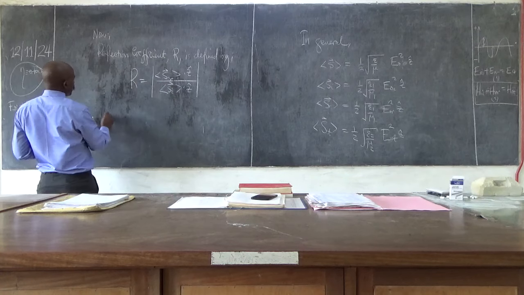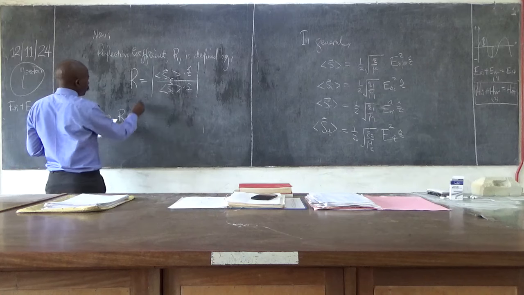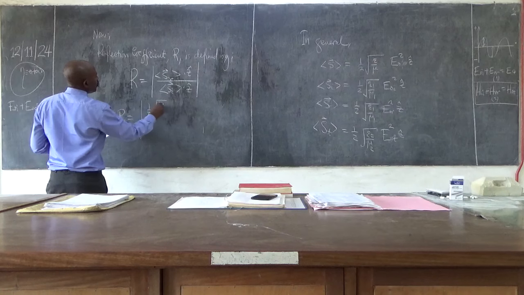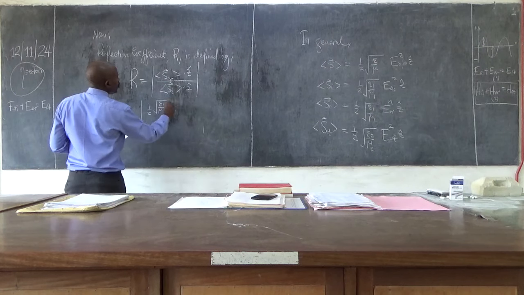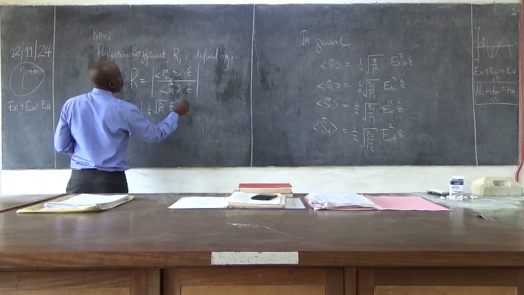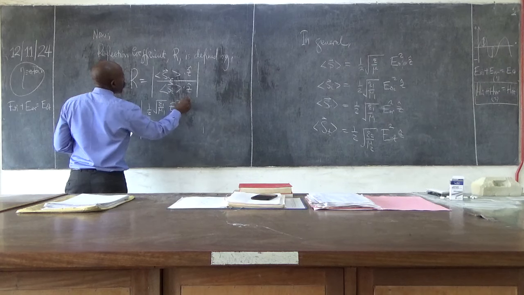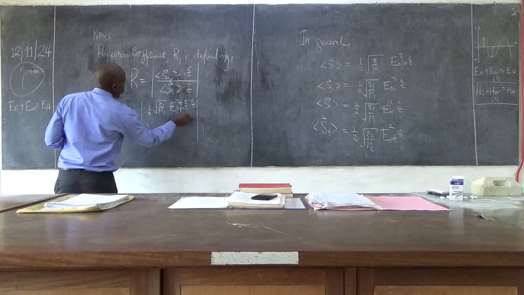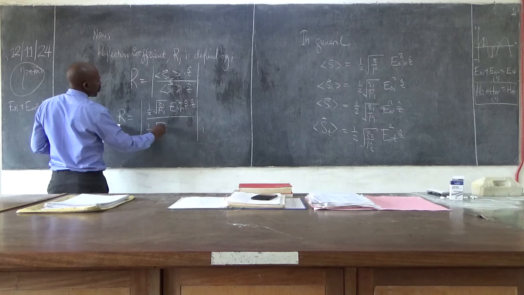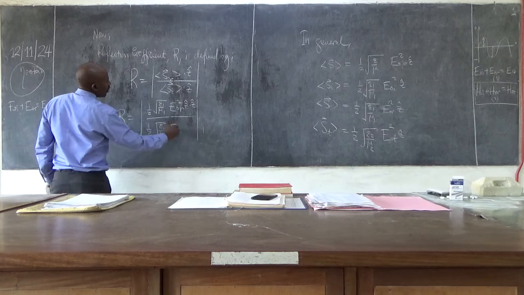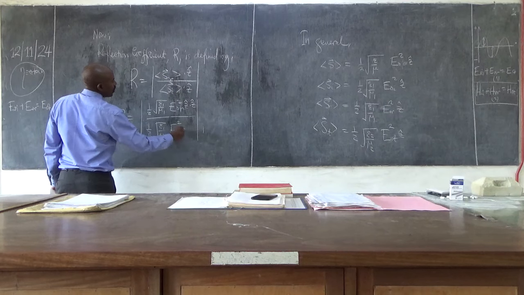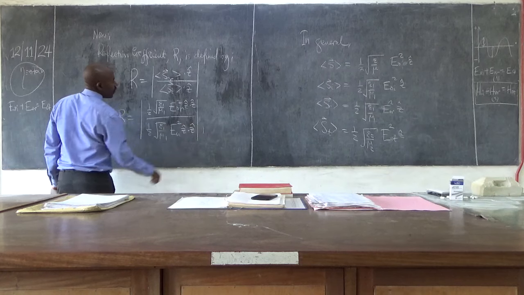So this would be the same as R being equal to, we say this is a half, it is reflected, it is medium 1, and then the amplitude is E naught R squared, and it is along the z, and we dot with the z, and then we divide by a half root epsilon 1, mu 1, in the incident, it is E naught I squared, along the z, and then we dot with the z.